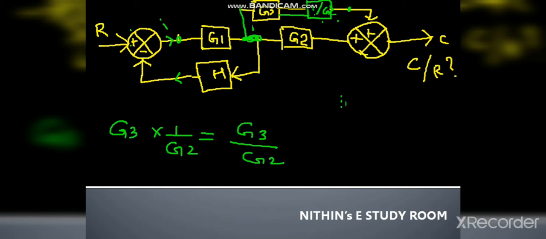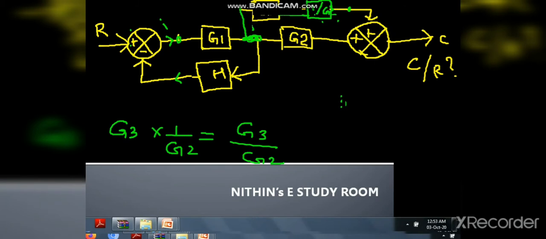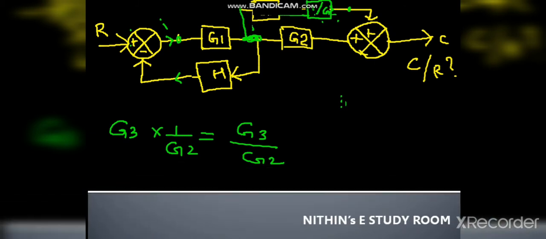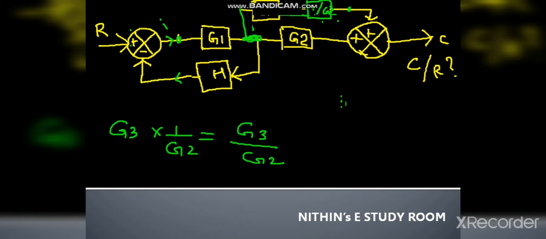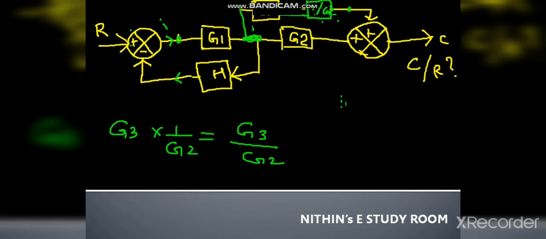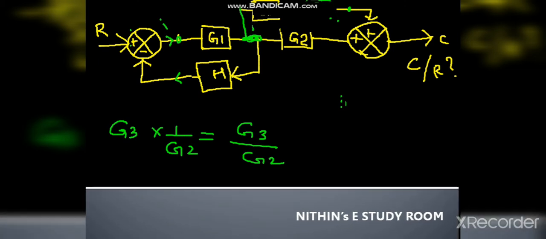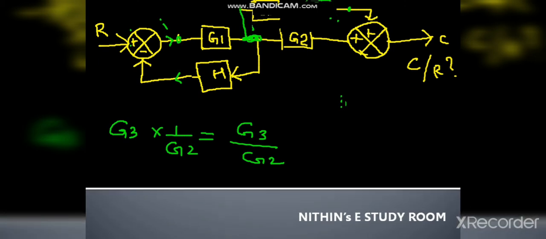So this is the third step where I am deleting these two blocks and replacing them with a single equivalent block, and its value is already known to you, that is nothing but G3 by G2.